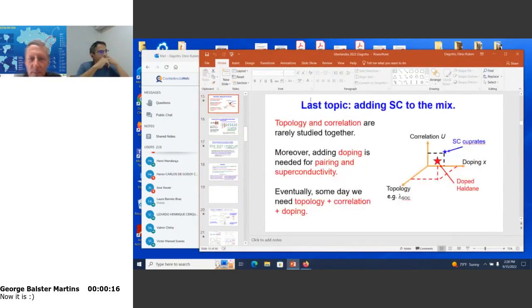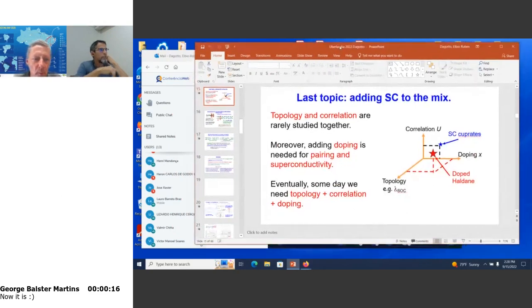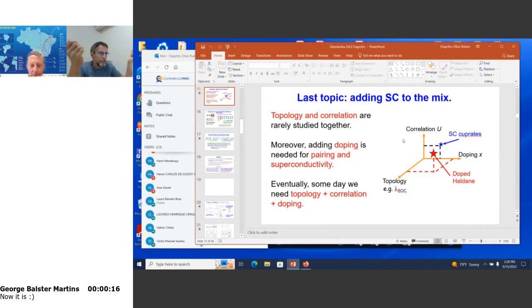In the topology and correlations, I may have a naive understanding of correlations, but if correlations are very strong, I lose the band structure language, right? That is true.